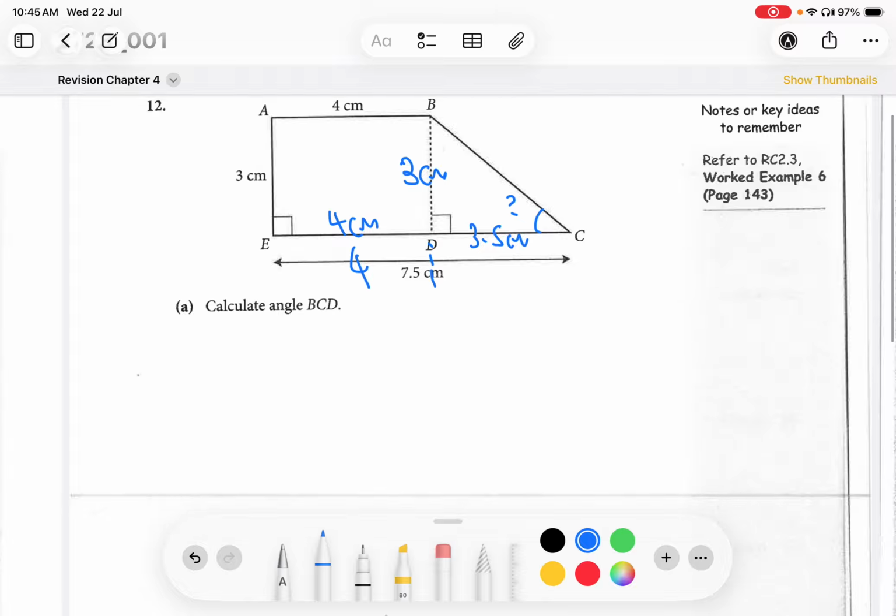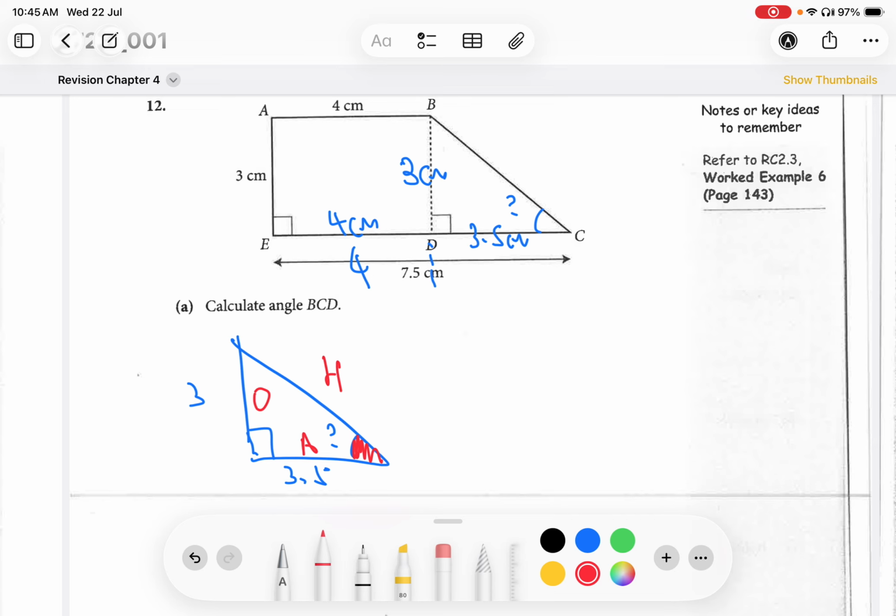So if I want to find the angle, I have this triangle here. This is the angle that I want. This is 3, this is 3.5. SOH CAH TOA. Remember this part. I only have the O and the A, opposite and adjacent, so I must use tangent.